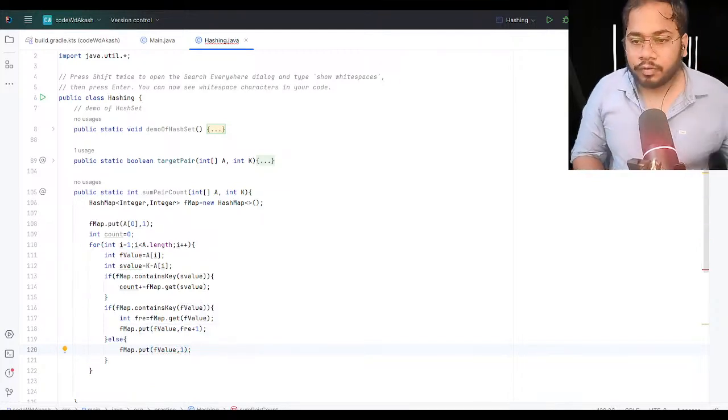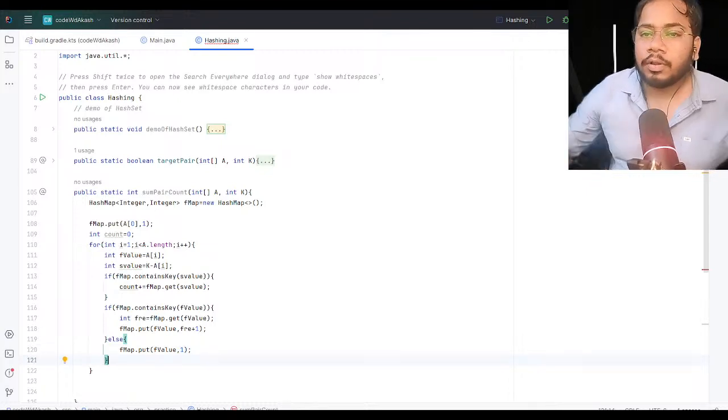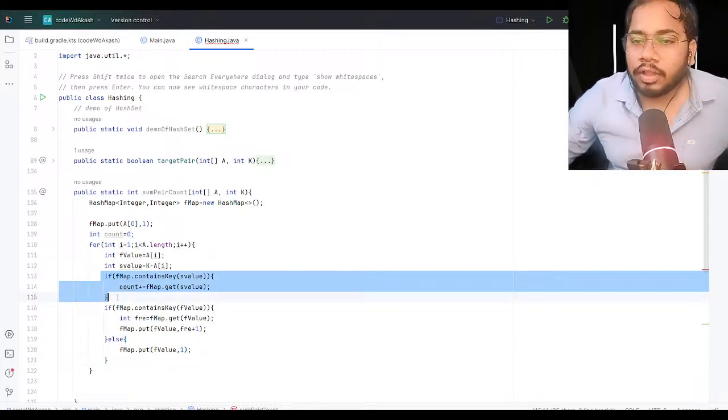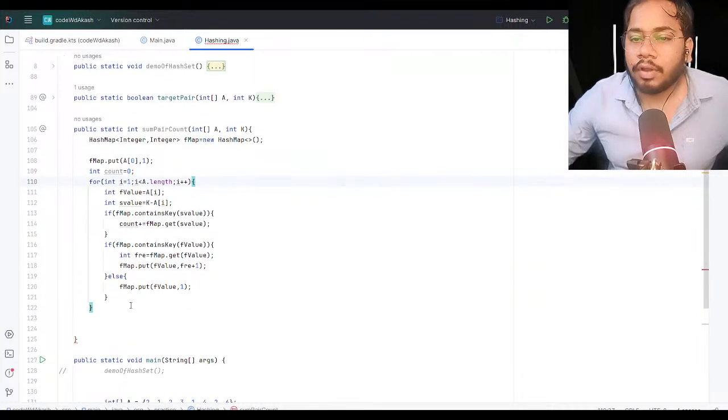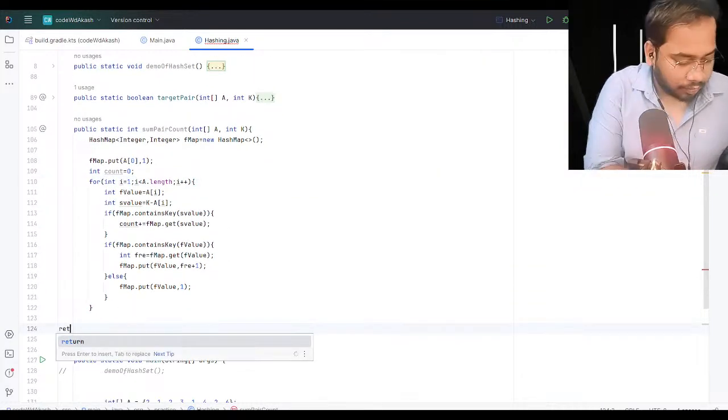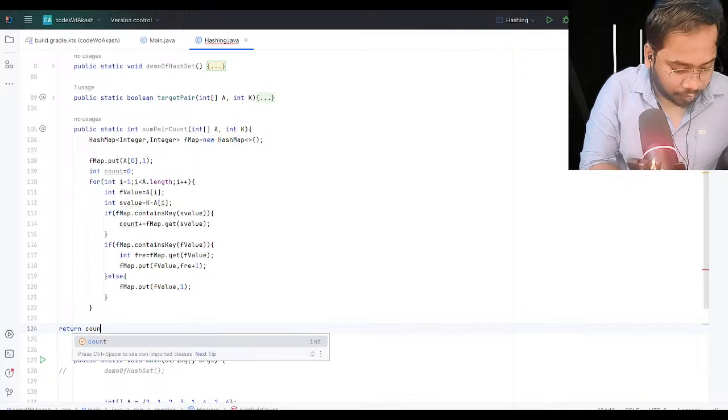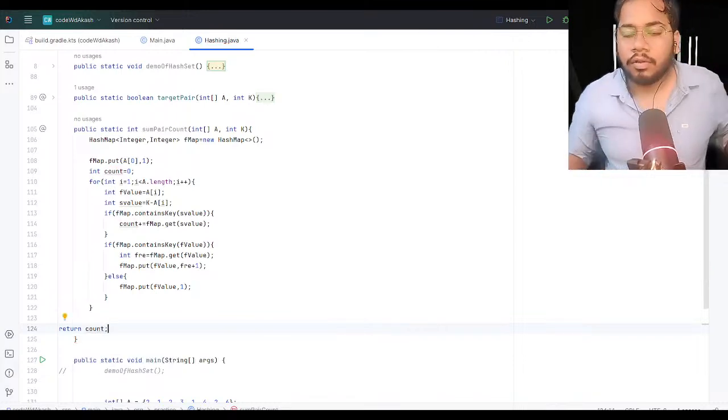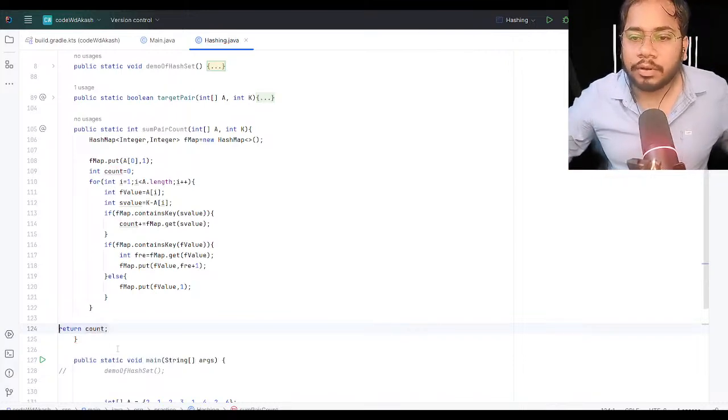Simple. Now what you have to do? In this way you will get all the counts, and at last you have to return the count. Done. Very, very simple.